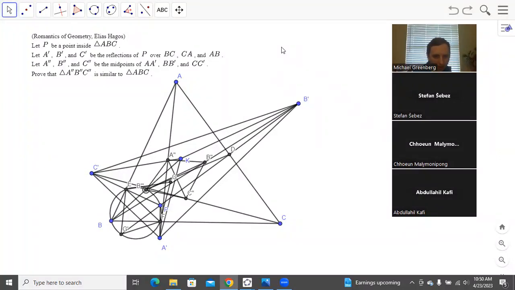Okay. Which I think is the same as showing B triple prime G is parallel to BP and it's half the length.